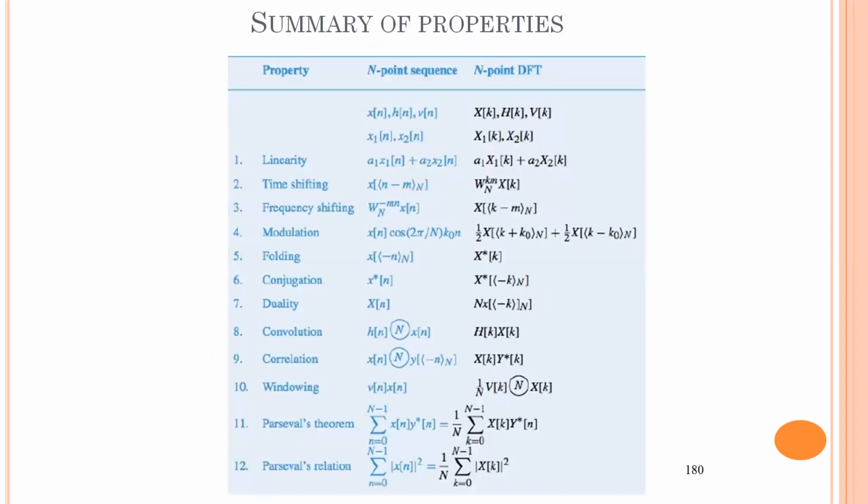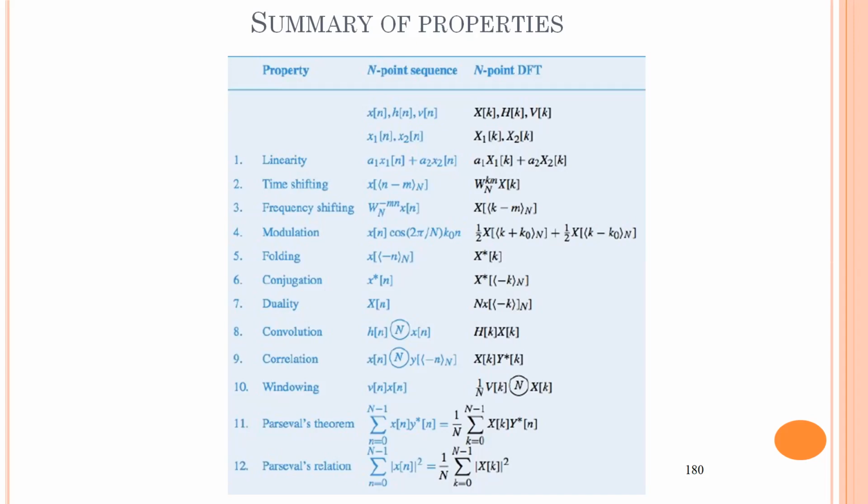And here we have a summary of properties related to your discrete Fourier transform. One is the linearity property, then the time shifting property. In the time domain we are shifting our input signal, whereas in the frequency domain the discrete Fourier transform is multiplied by a twiddle factor omega N nk.